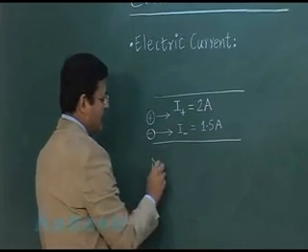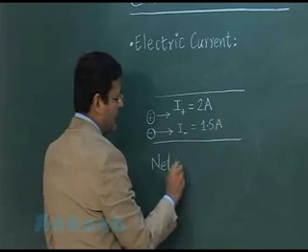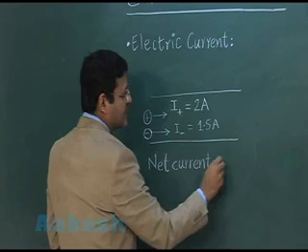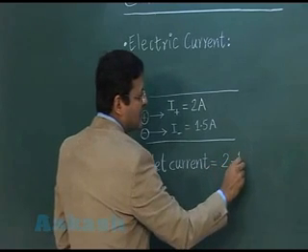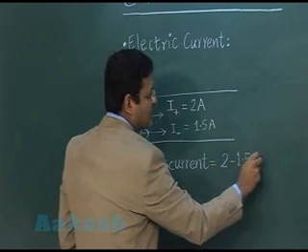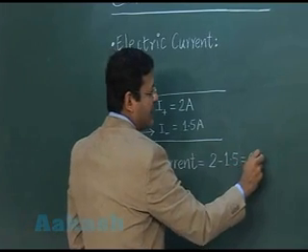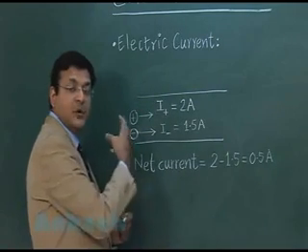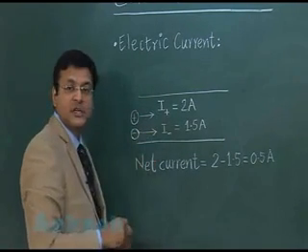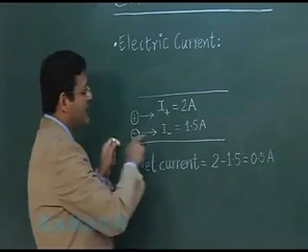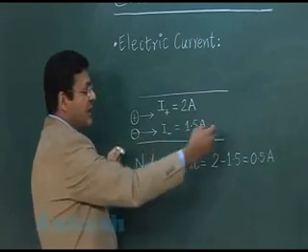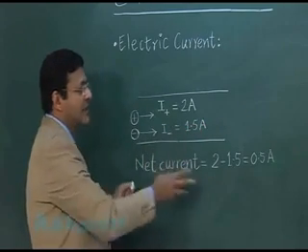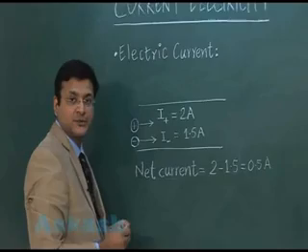Then net current is 2 minus 1.5 is equal to 0.5 ampere. This is because the positive charge flow is the conventional current direction, but whatever is the current due to negative charge, the actual conventional current is in opposite direction. So the net current will be subtraction of these two.